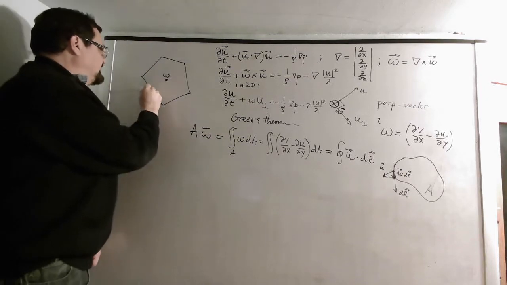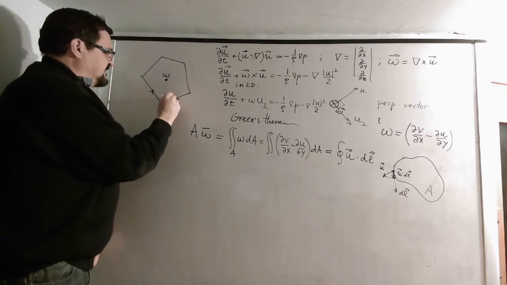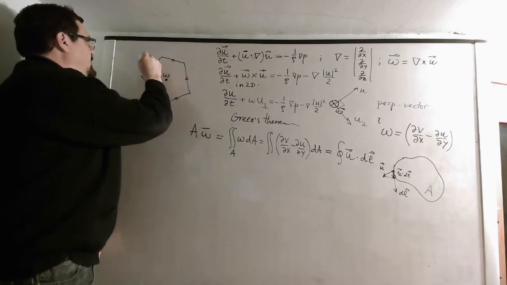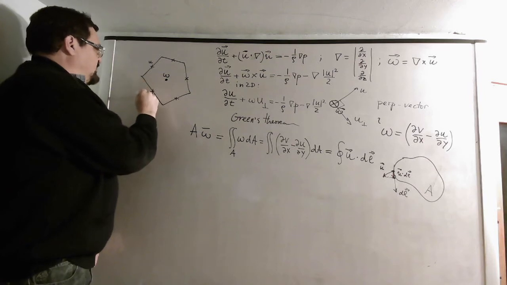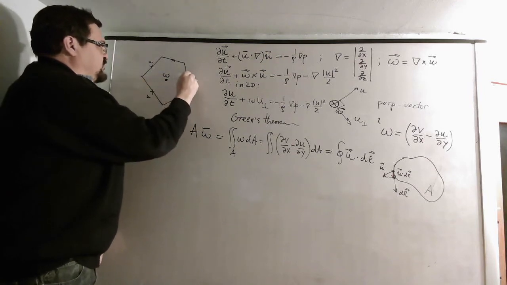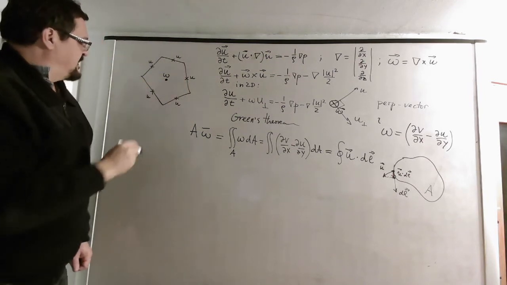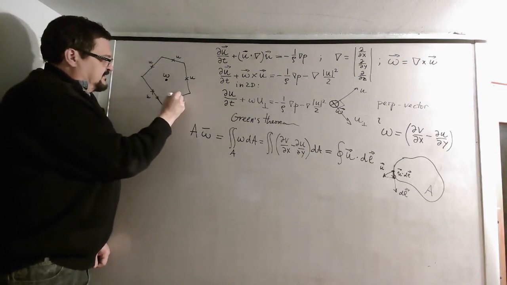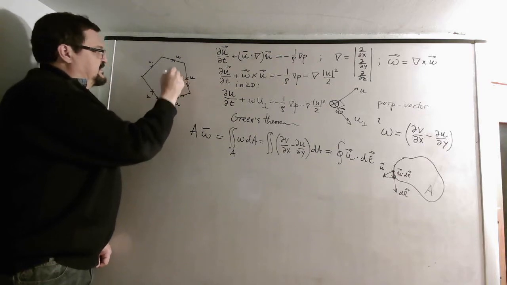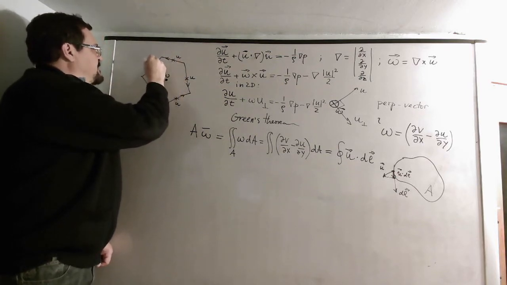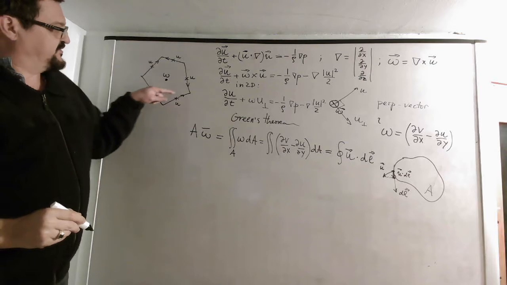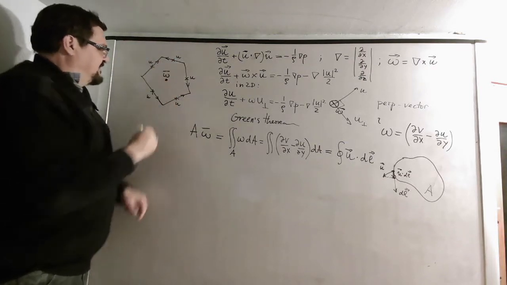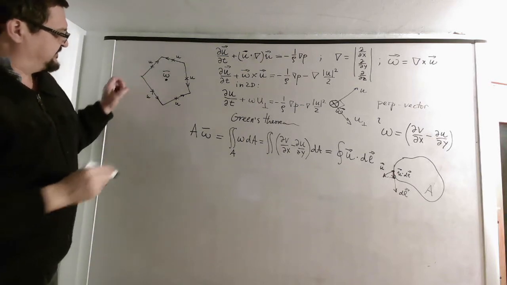Then we define velocities u along this boundary. They can be in different directions. Then this average omega equals just this velocity times this length.